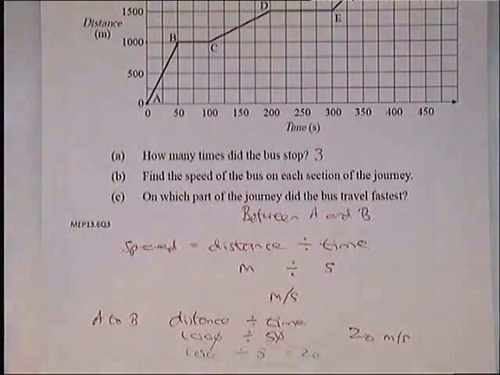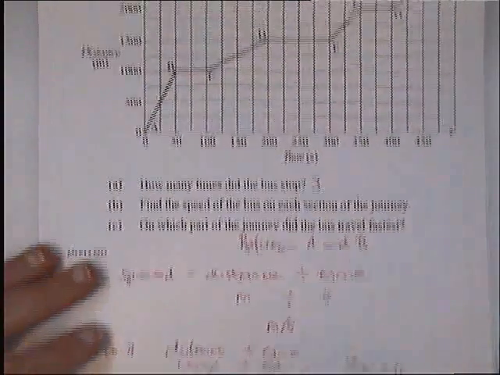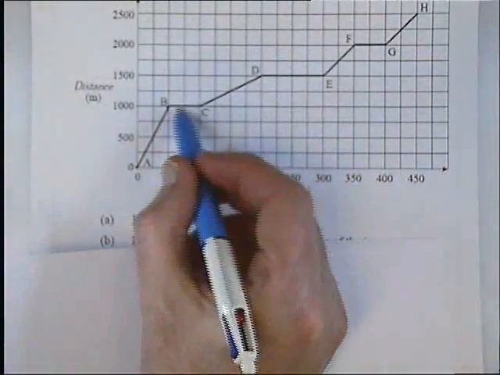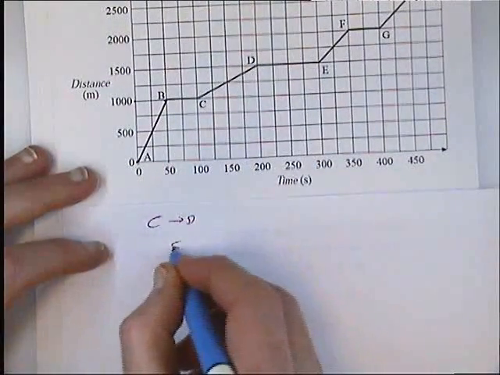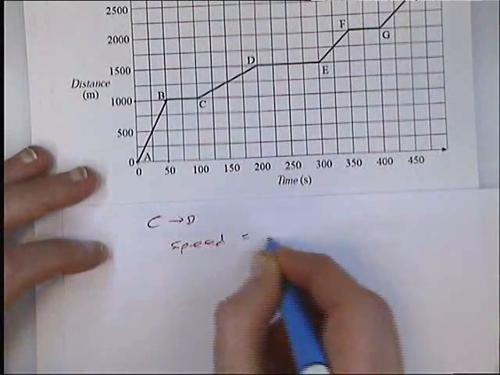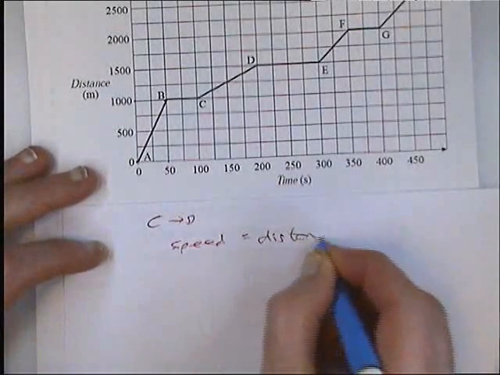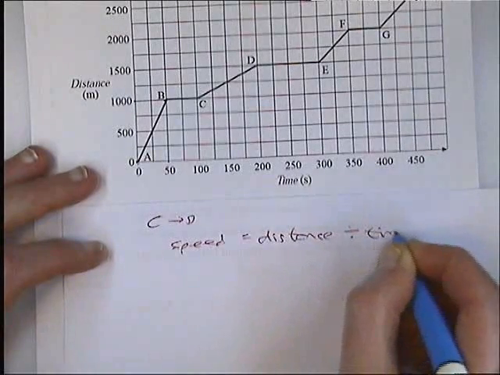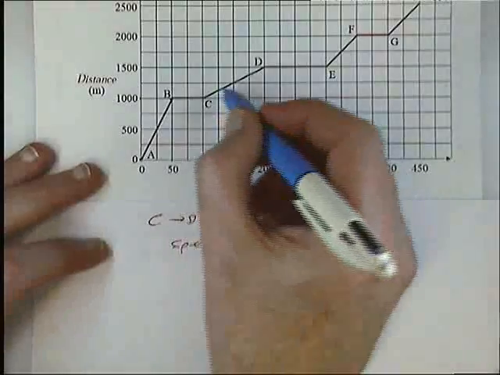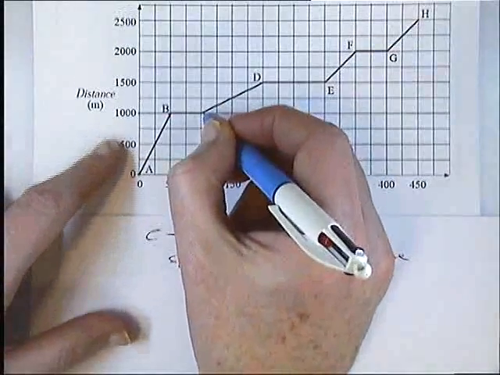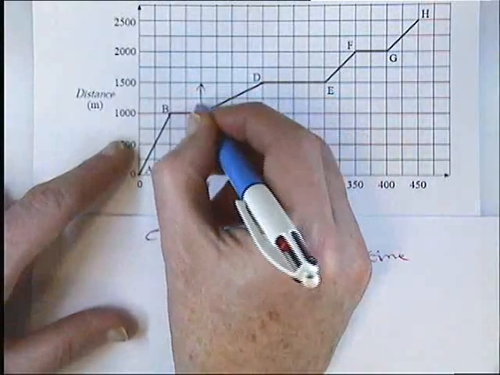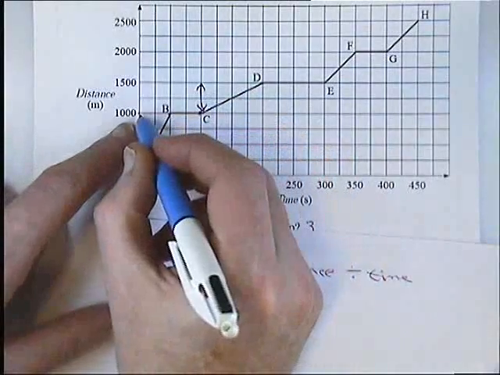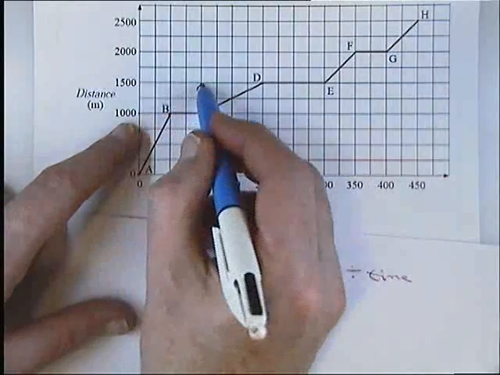metres per second. Now the next part of the journey when the bus is travelling is between C and D. We've already said it stopped there. So if we look now at C to D, to get the speed I need to do the distance divided by the time. Now from C to D, the distance of C was at this point and D is up here, so I've gone up that much. I've gone up from 1,000 to 1,500.